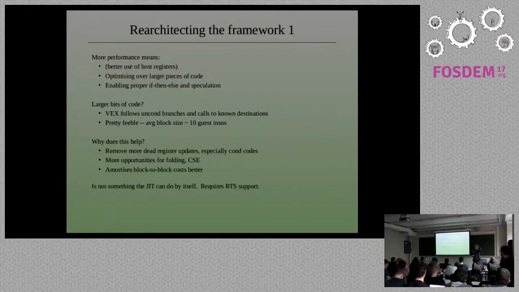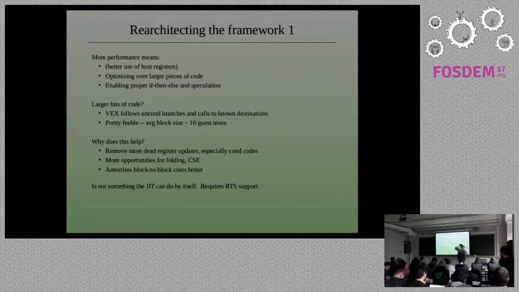One is to deal with larger pieces of code. So here we are dealing with very small blocks of machine code, like 8, 10, 12 instructions on average, really not very much, even though VEX does try and follow branches through the machine code when it can.